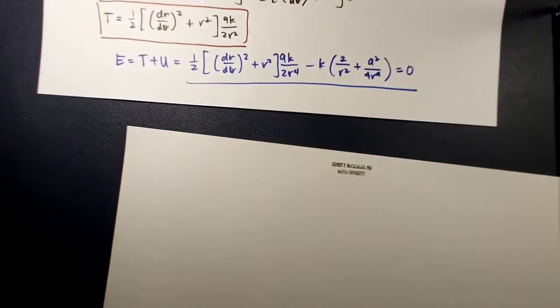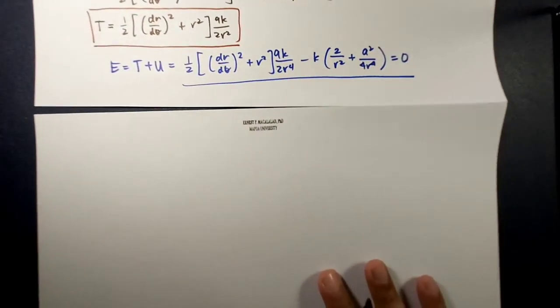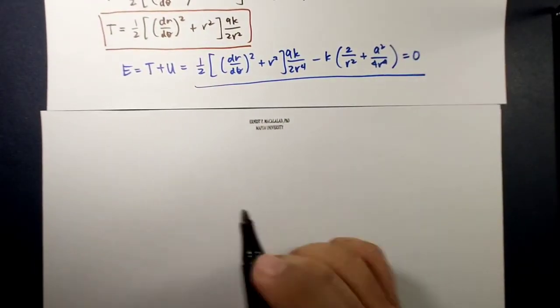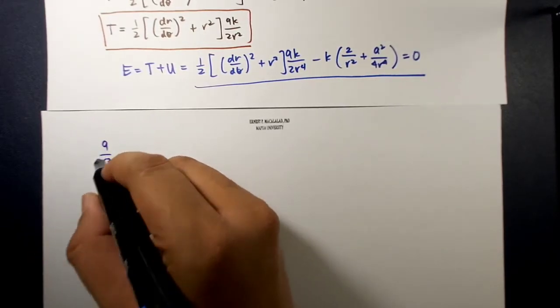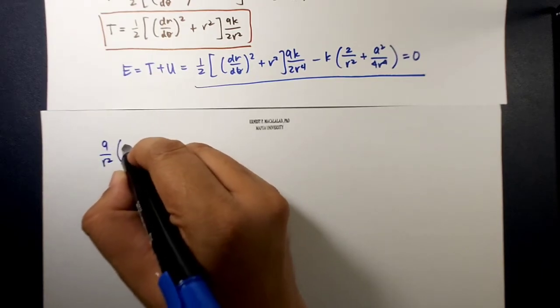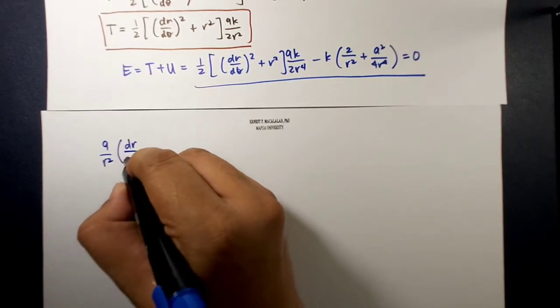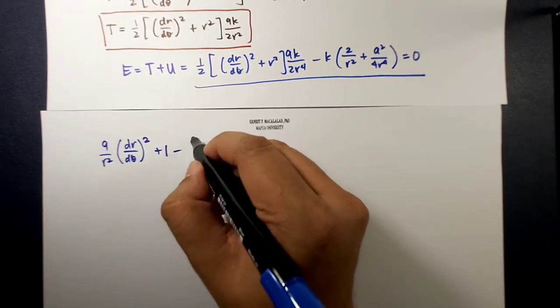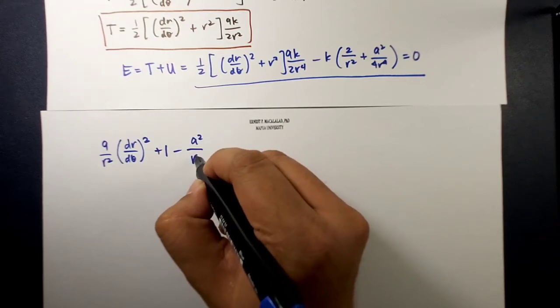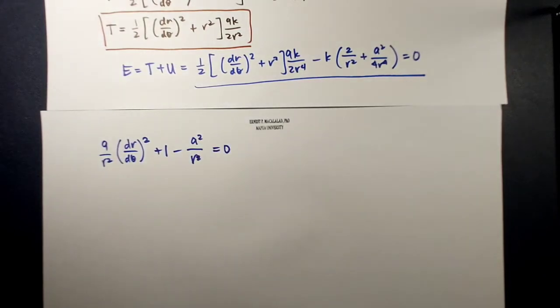We will end up with this equation: 9 over r squared times the derivative of r with respect to theta squared plus 1 minus a squared over r squared, and this is equal to 0.